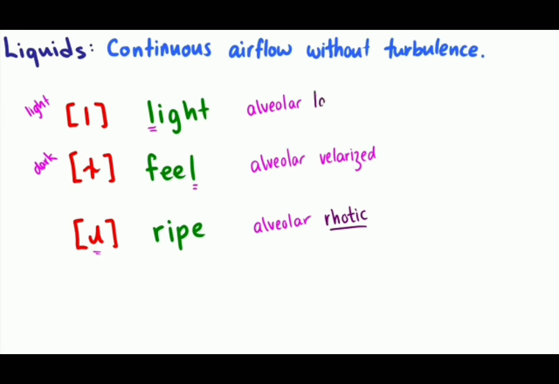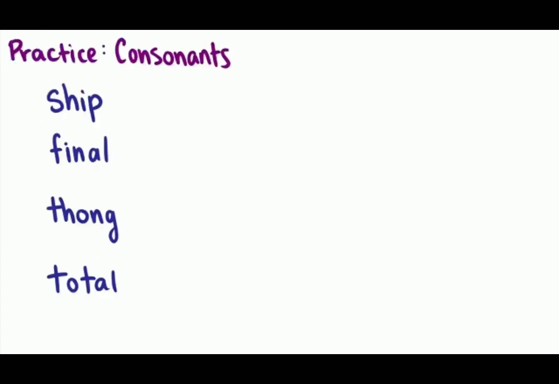So R is called an alveolar rhotic liquid, while the L in light is considered an alveolar lateral liquid. Lateral means air is going through the sides of the tongue, and rhotic just describes the tongue curling. There are quite a few steps to make the R sound, in a more difficult phonetics course.